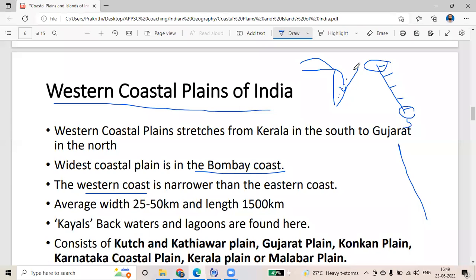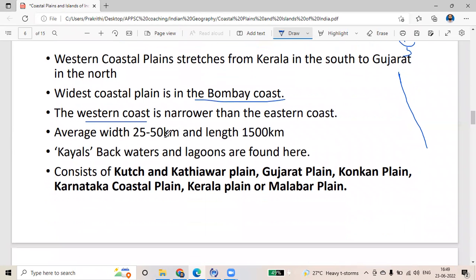So here the deposition has happened and they form a coastal plain region. But its width is comparatively lesser. The average width of this area is 25 to 50 kilometers. That means it is almost half of the eastern coastal plain, not as broad, much less. And the total length is 1,500 kilometers from Gujarat to Kerala.